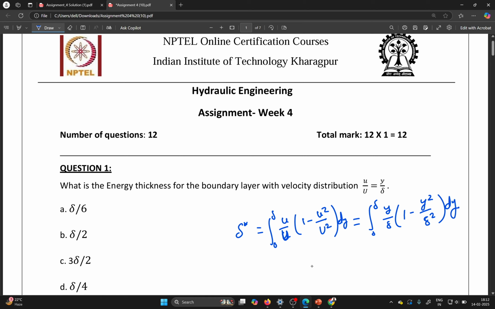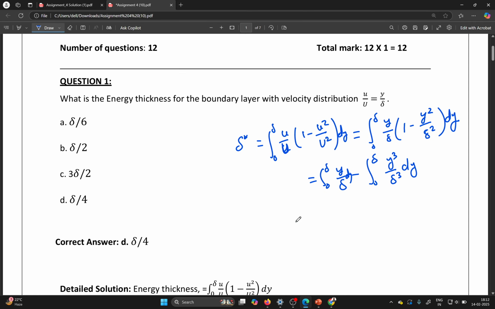So now you can calculate very easily. That is y by delta minus y cube by delta cube, from 0 to delta, and this is your dy, here also dy. So like that you can calculate the answer for this.